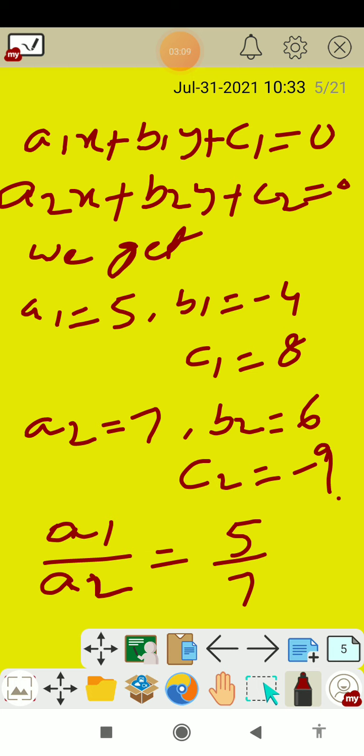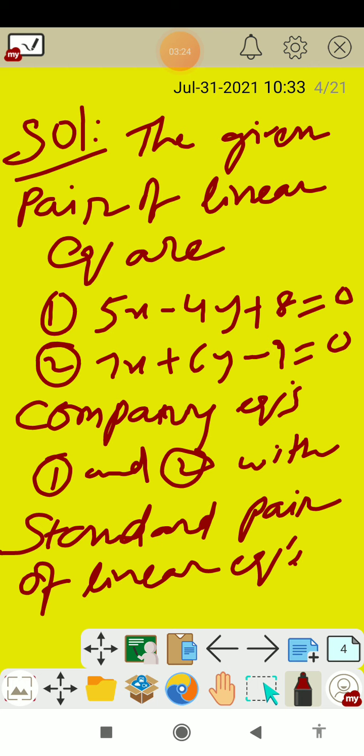We get a1 is equal to 5, b1 is equal to minus 4, c1 is equal to 8. Just simply equate the first equation to our question. In the question, the equation given is 5x minus 4y plus 8 is equal to 0. This is the first equation, right?